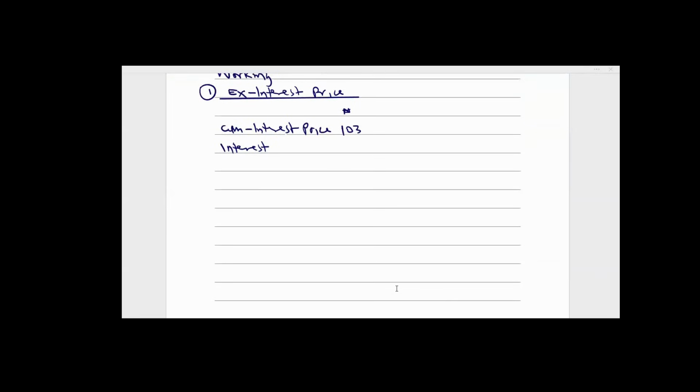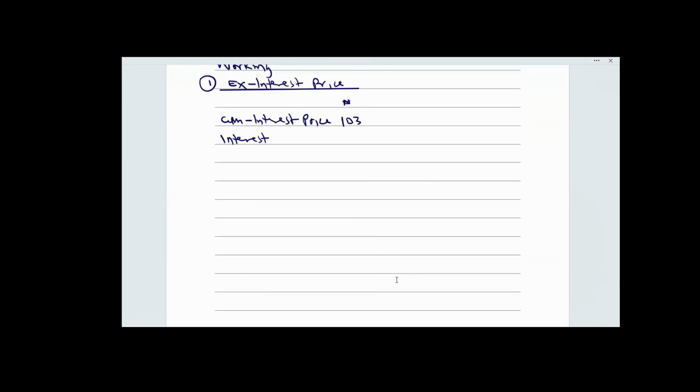Remember what I told you: anytime you are computing this, always ignore the percentage. Use the figure as given to you. So this is 8. 103 minus 8 will give us 95. So this means that the ex-int price is equal to 95 Naira.